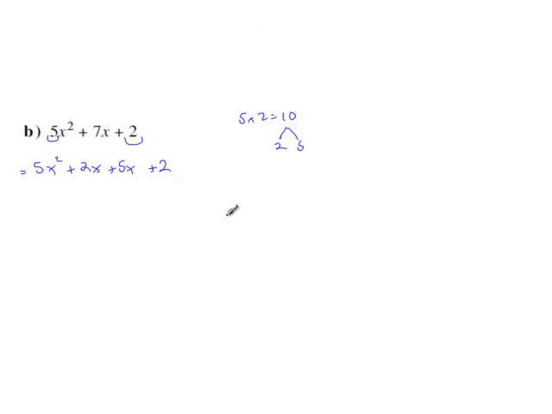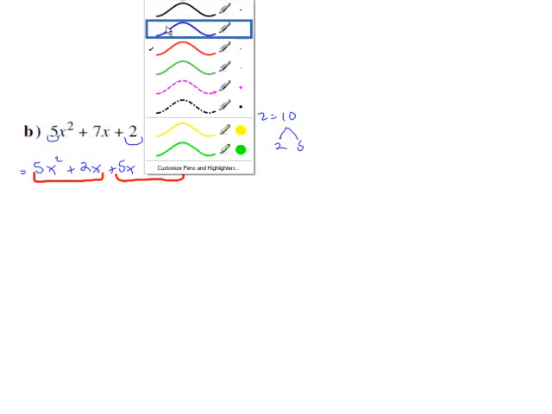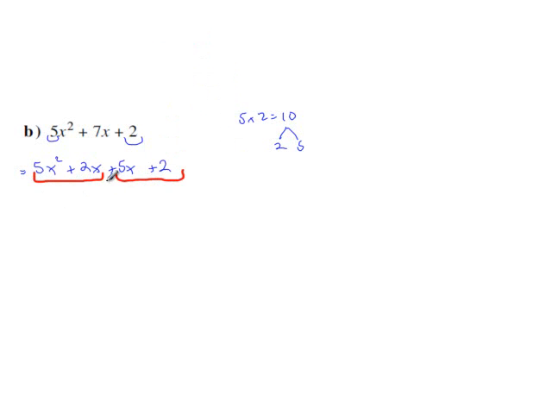Alright, now you're going to separate the terms into two groups. So there's my first group, there's my second group, and try to take out a common factor of each group, if there are any. So your 5x squared plus 2x has a common factor of x. They're both divisible by x.